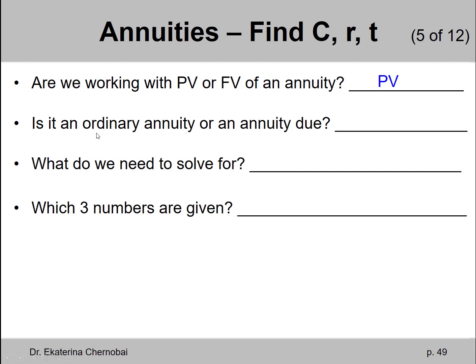The second question is, is it an ordinary annuity or an annuity due? How can we tell? An ordinary annuity is when the annuity payments, the numbers which are repeating, are occurring at the end of each time period. For example, at the end of each year. And an annuity due would be when the payments occur at the beginning of each year.